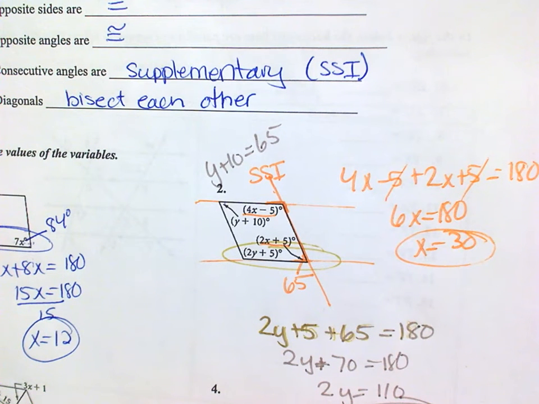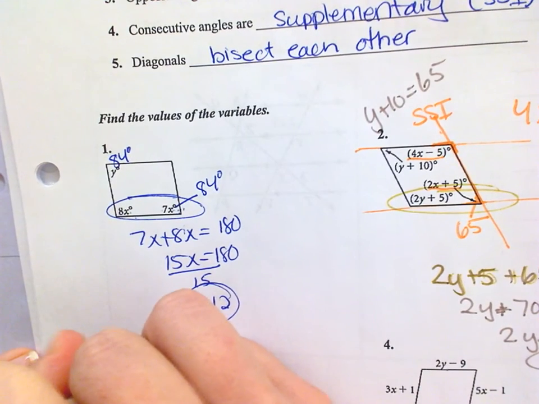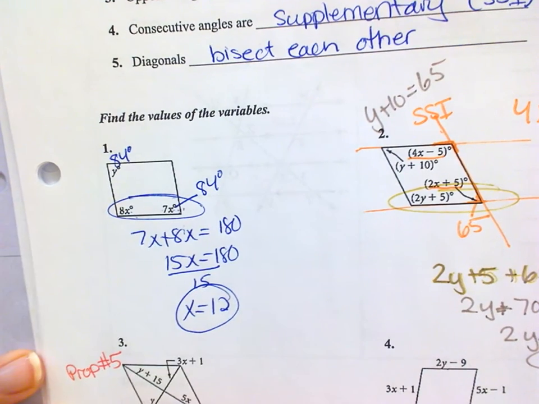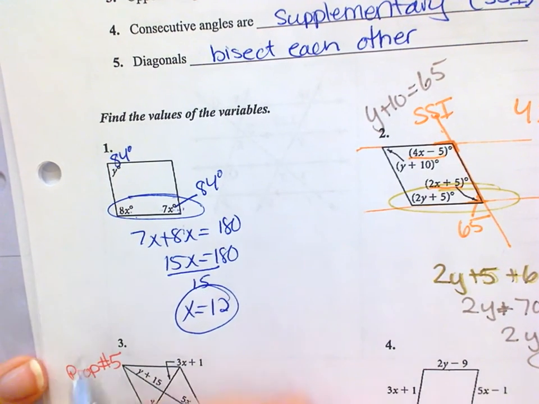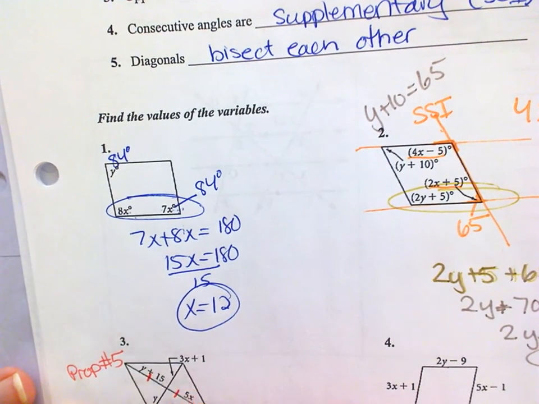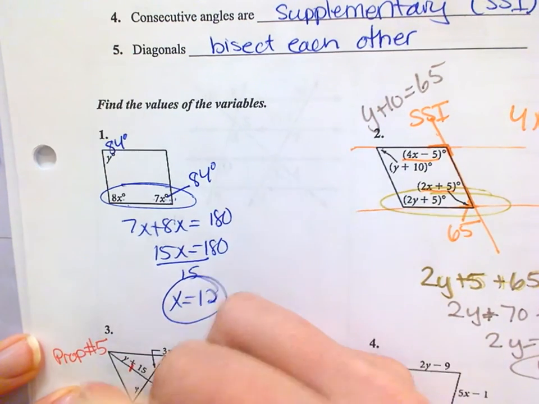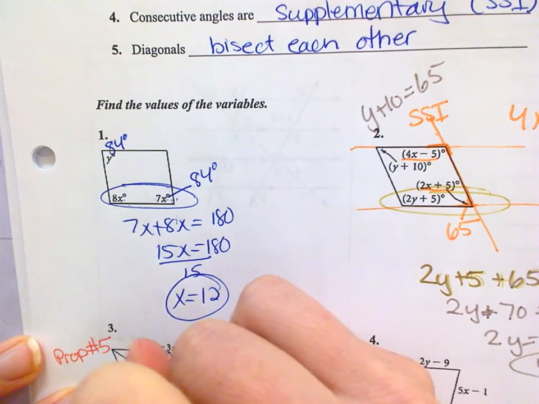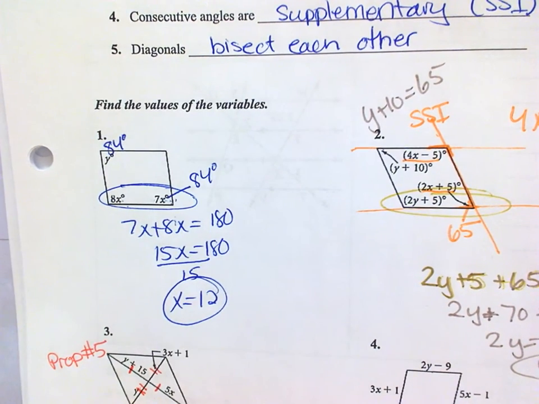All right, number 3. Number 3, you have the diagonals labeled. So hopefully you realize we're going to talk about diagonals. So that's property number 5. The diagonals cut each other in half. So this part is equal to that part, and the y is equal to 3x plus 1.